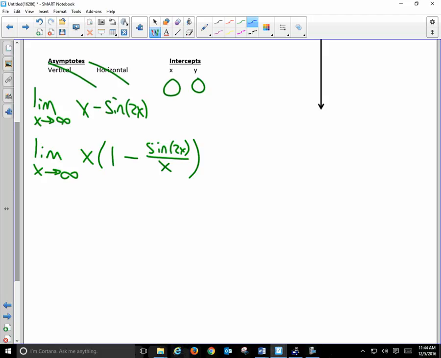The bottom is going to get ridiculously large, so this is going to go to 0. So you have a very large positive number times 1, which will give you a very large positive number. So it's going to go to infinity. Whereas if you went to negative infinity, you get a very large negative number. If we did the same thing, we come out with negative infinity.